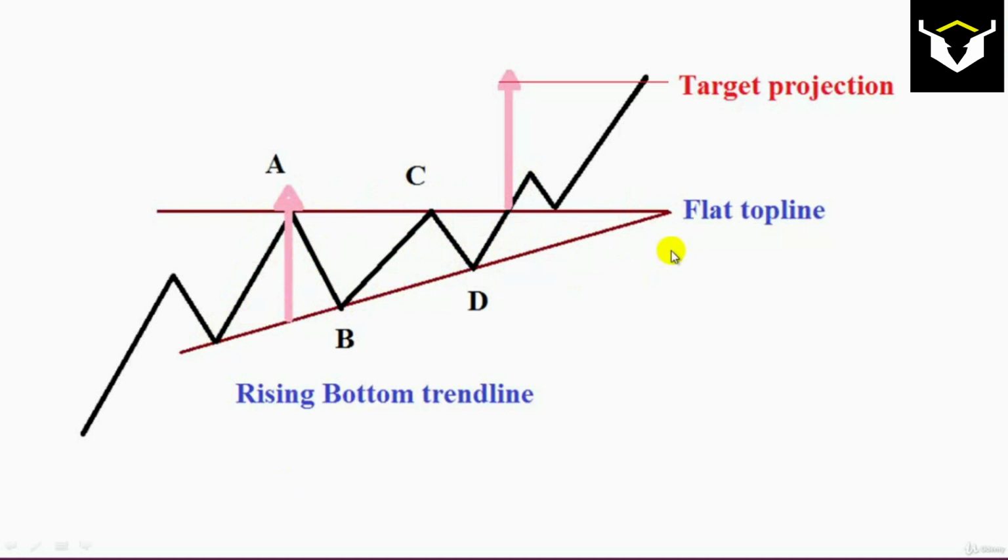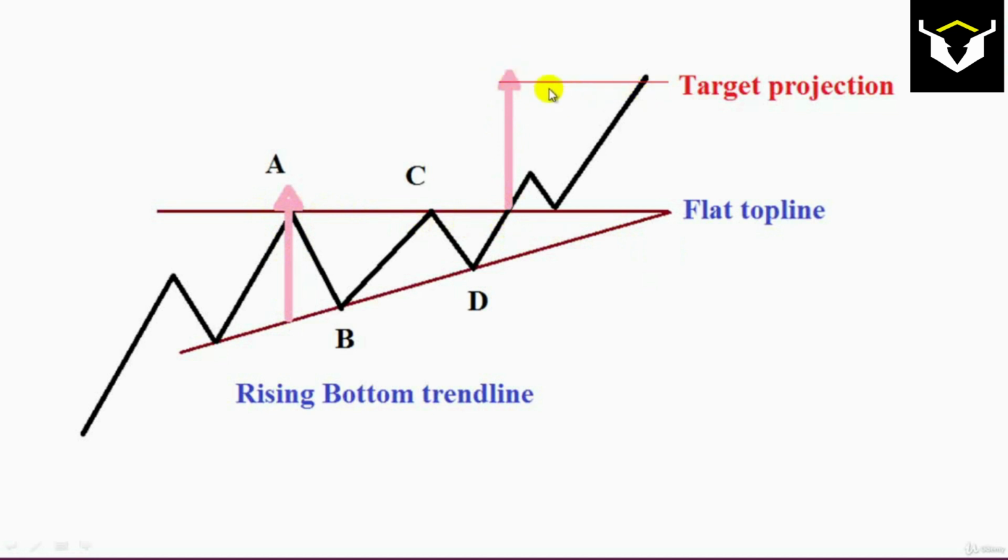Once prices break out to a new high, this breakout should be accompanied by heavy volume. For projecting price targets, measure the widest part of the triangle and project that from the point of breakout towards the upside. So this is your target.